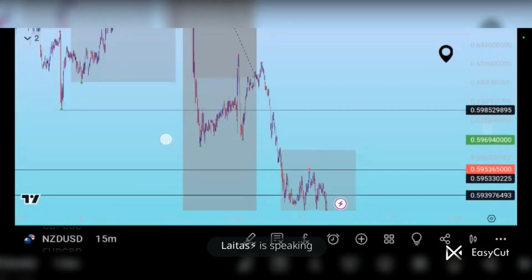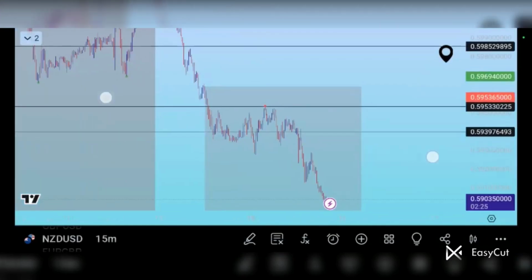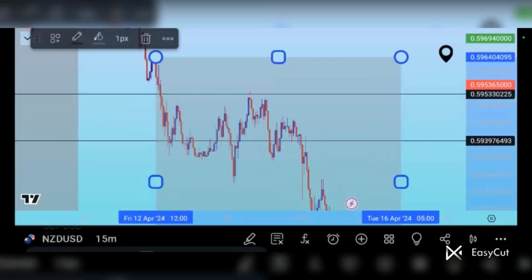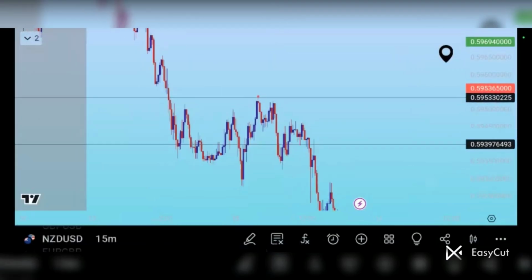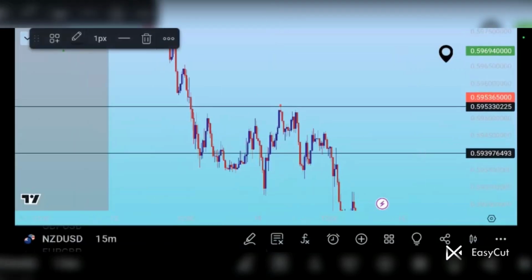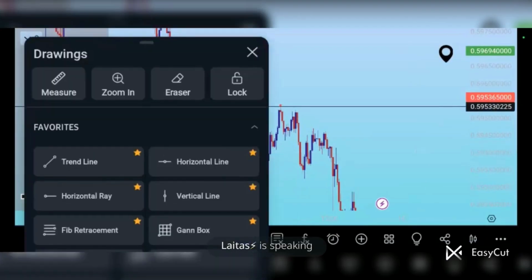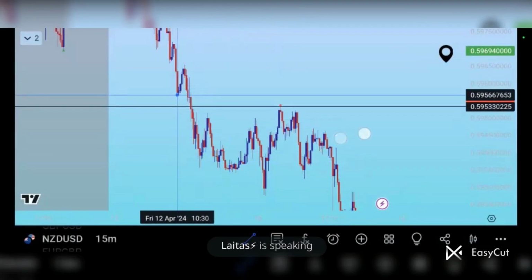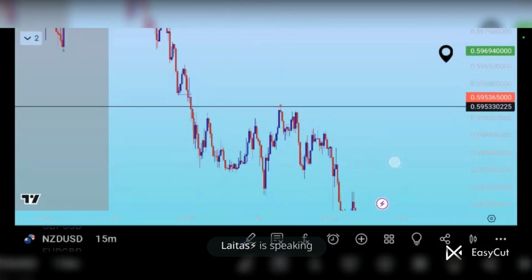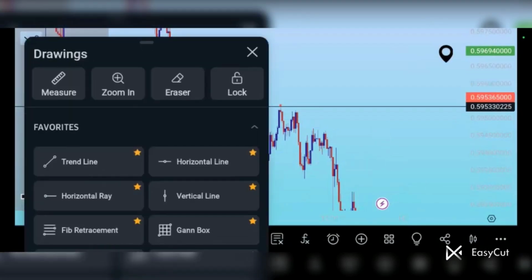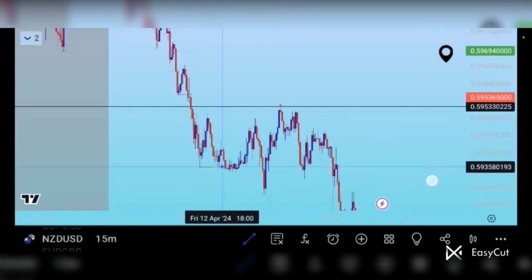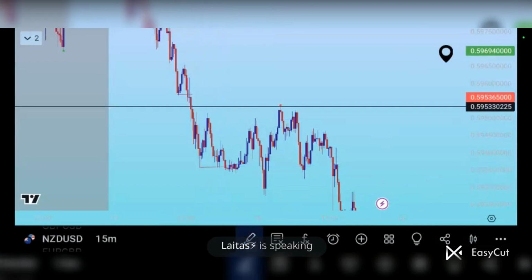Take 15 for range. Now what happened here? After price mitigated this, before that we have a break here, a break here, a break here too, and a break here too.